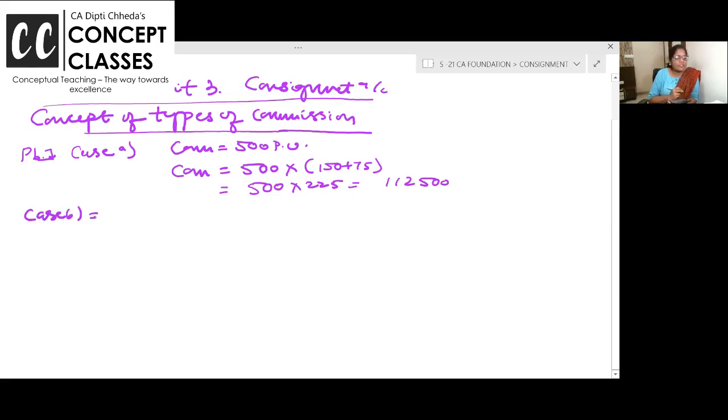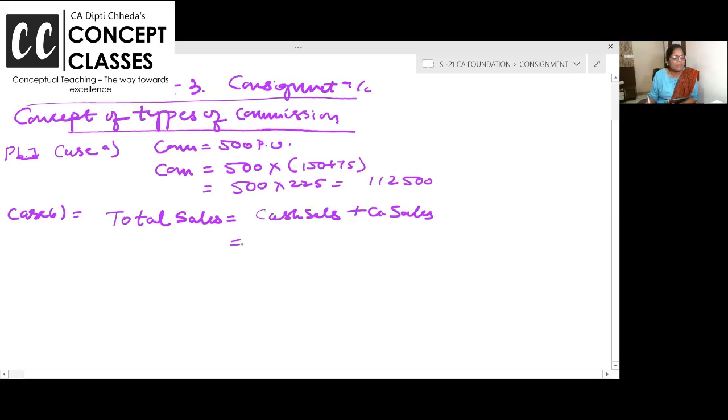Second type of commission: he is entitled to ordinary commission of 5% and Del Credere commission of 2%. For that, we'll first calculate the total sales because they have some cash sales plus credit sales. On all the sales, we will give commission.